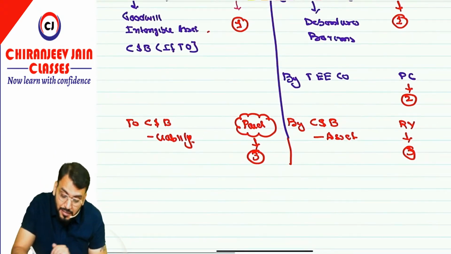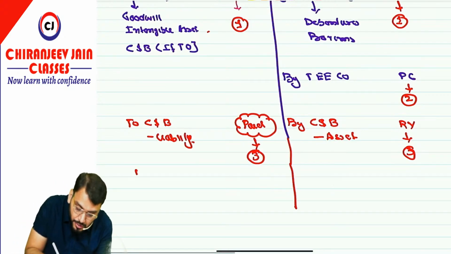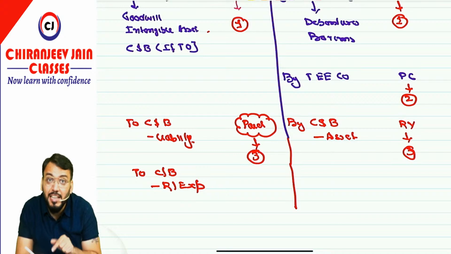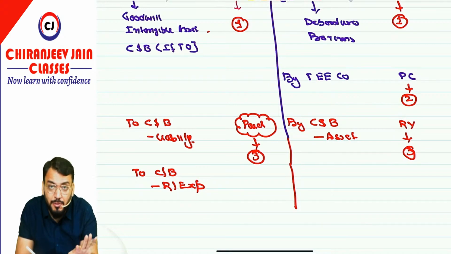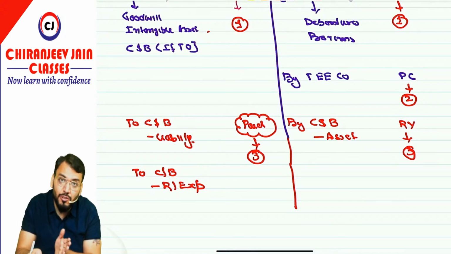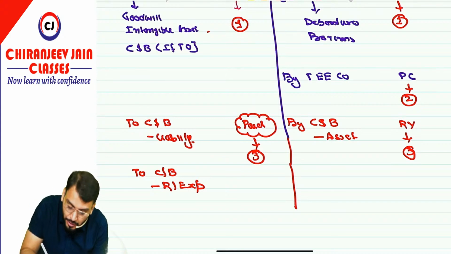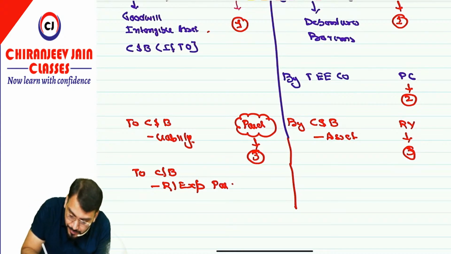Understood. Then there is a realization expense. So to cash or bank, realization expense paid by transferor company will come. If paid by transferee company, it will not come. If reimbursed, it will come on both sides, payment and then reimbursement. So realization expense paid is step number 4.